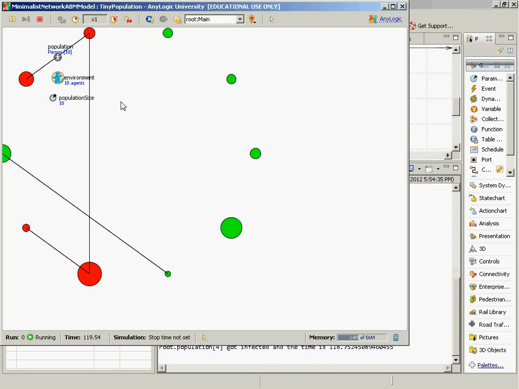If we have a mean connection per agent, call it C, okay? And we have n individuals in the population, then we are seeking a mean of n times C connections for the whole network, right?